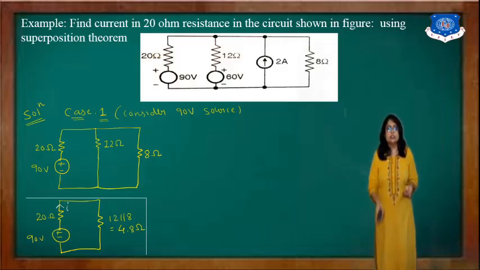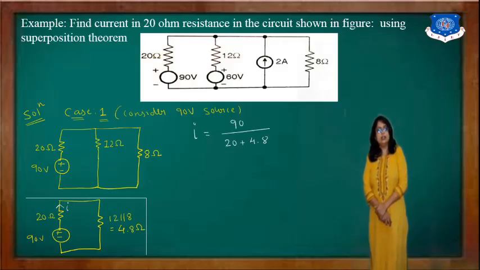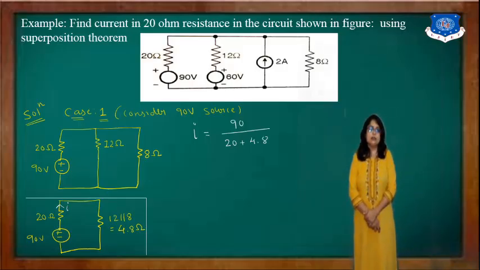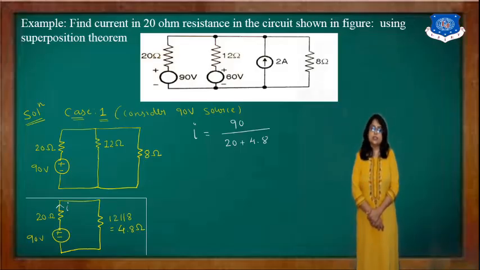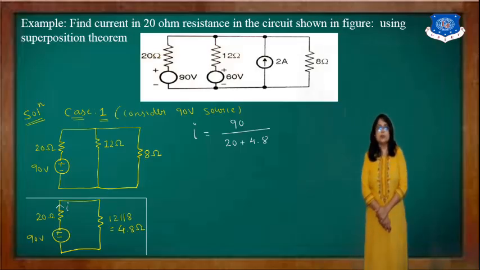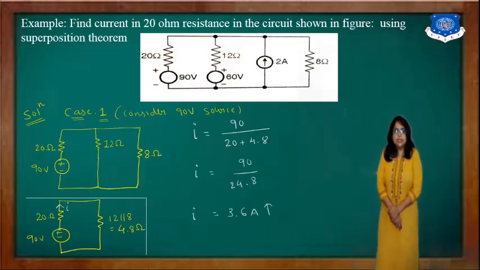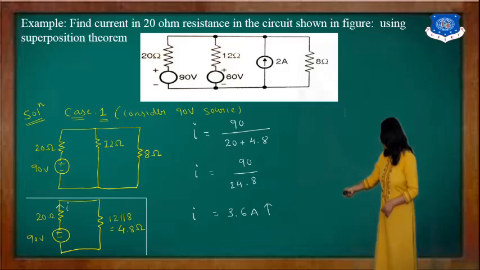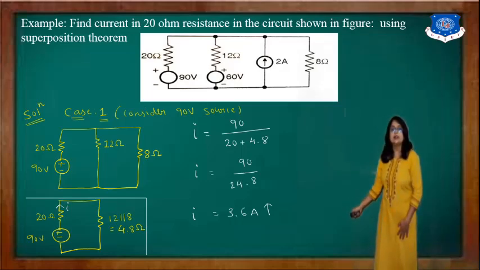Then directly you write down the equation of I. I is the voltage, 90, divided by the resistance. So 20 and 4.8 are connected in series. So 20 plus 4.8, I equals 90 divided by 24.8, and that is nothing but 3.6 ampere.